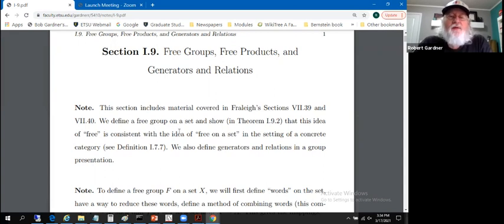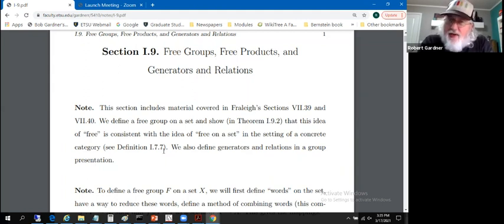We'll define a free group on a set and show that this idea of free is consistent with the idea of free on a set that we had in the category theory stuff as given in definition 1.7.7. We talked about the idea of free on a set in a concrete category.